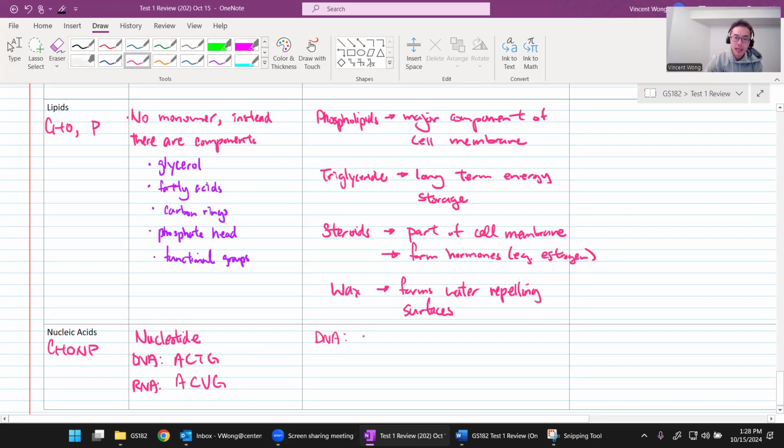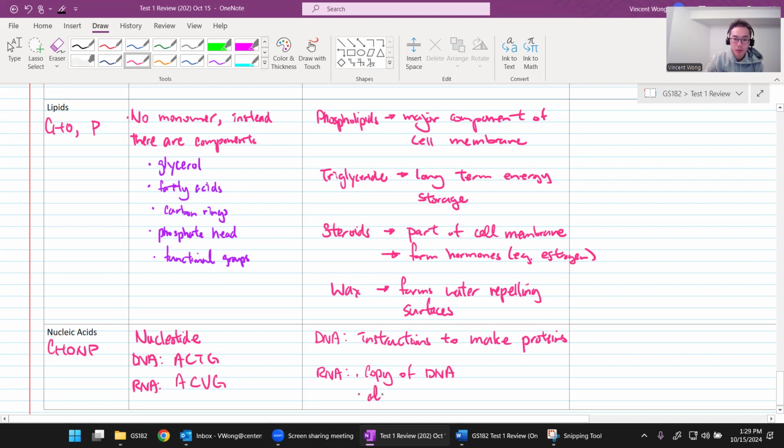So DNA contains instructions to make proteins. RNA is basically like a copy of DNA.